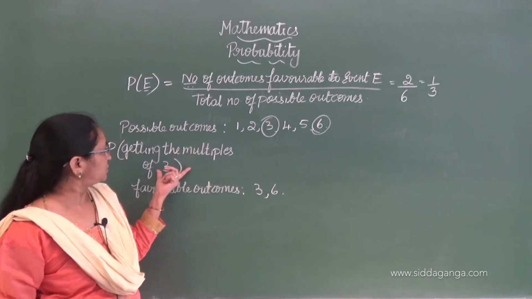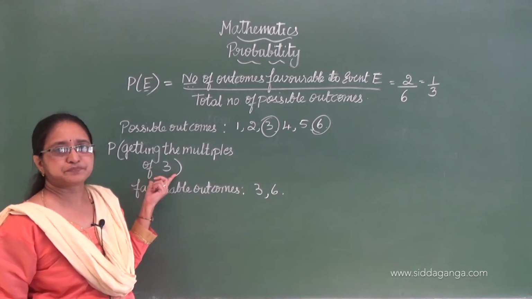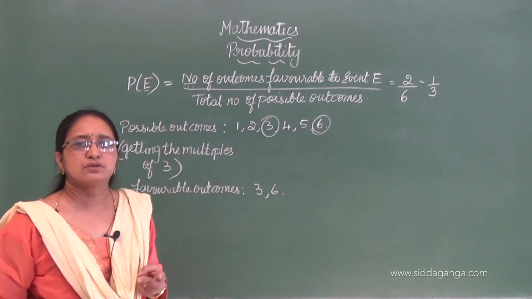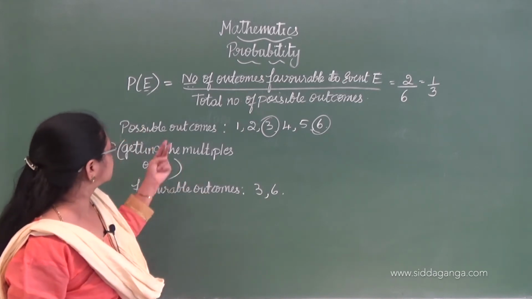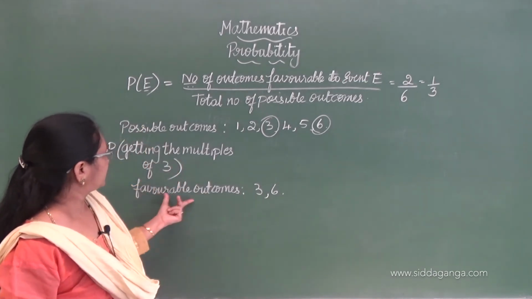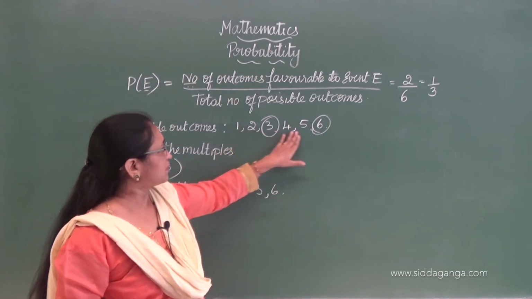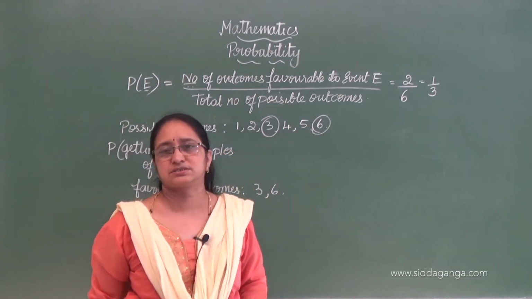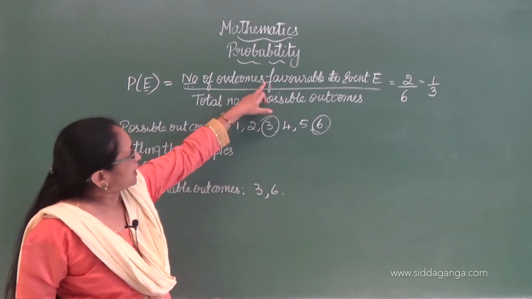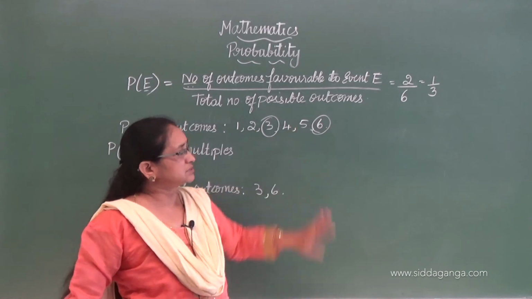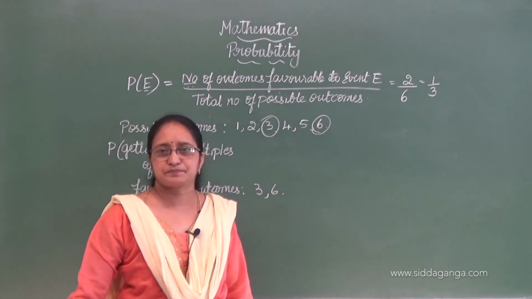Multiples of 3 are 3 and 6, so there are 2 favorable outcomes, and possible outcomes are 6. So 2 by 6, which is 1 by 3.